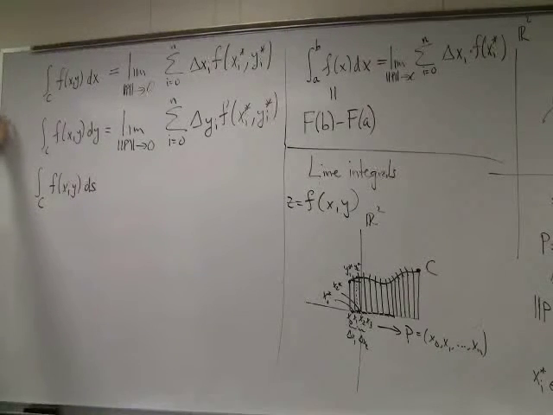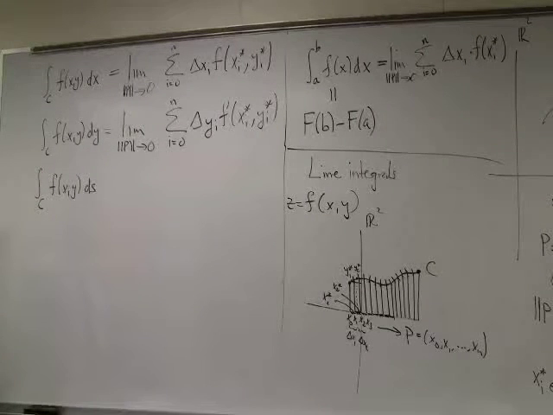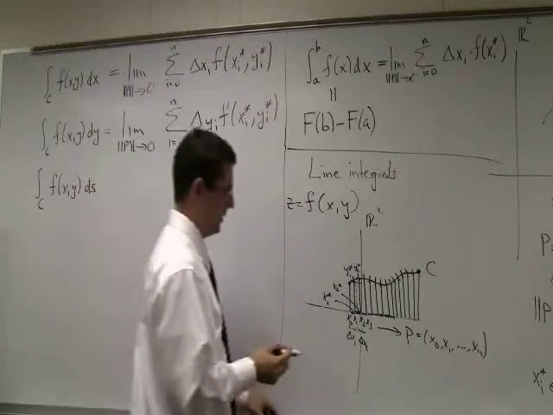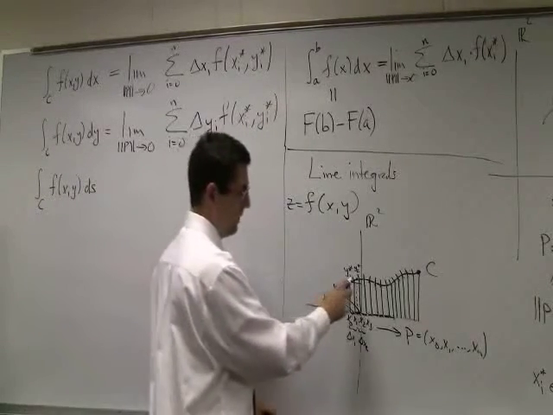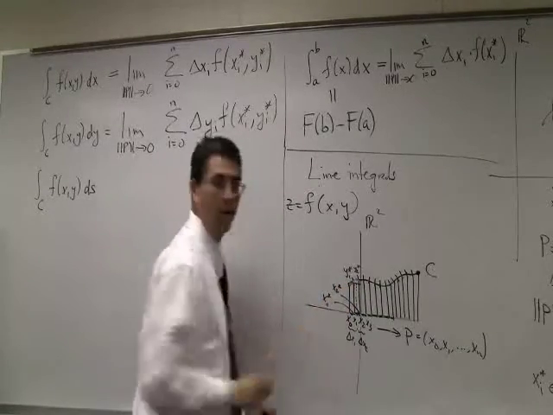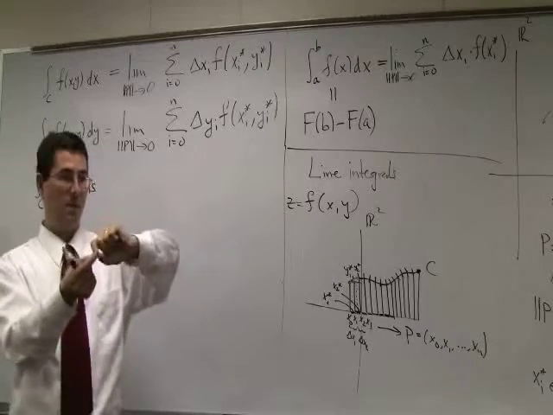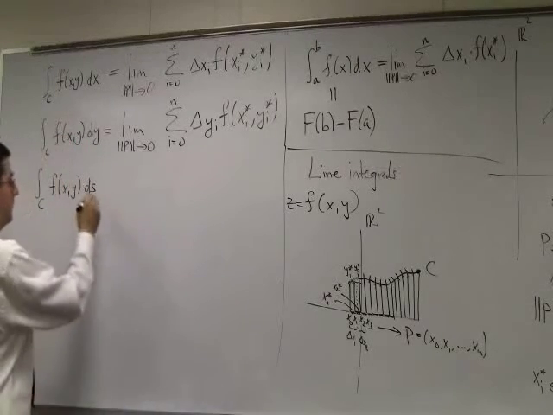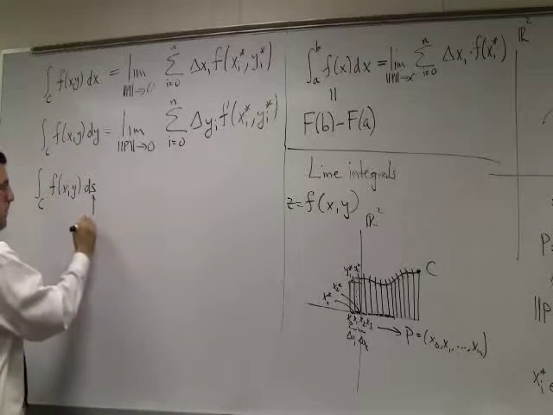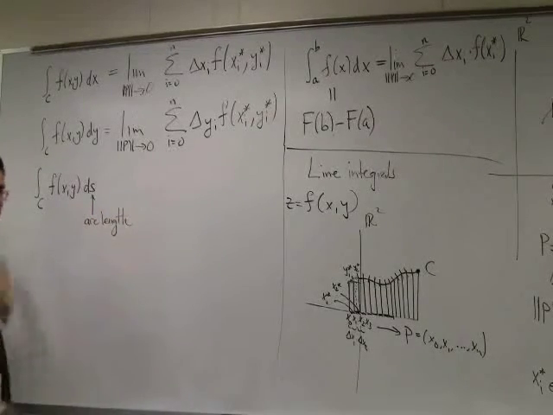I don't want to say much about it right now, but it's coming from the fact that each of these little segments has an arc length. It's just the length of that segment. And that's what this ds is. It's coming from arc length.